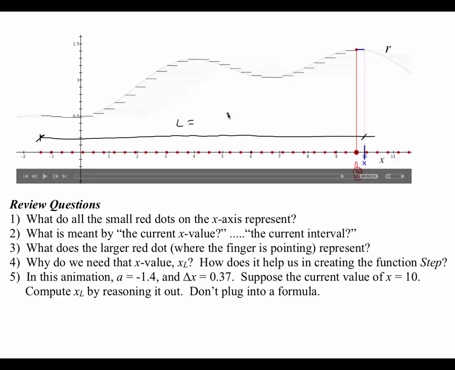How many intervals are in there? You might be able to count that if you could keep your wits about you, but I can make the intervals half as small, and then you wouldn't be able to count it. So we need a mathematical way to count. We want to start by getting this distance from a to the current value of x. So what is that distance as a span of x values?